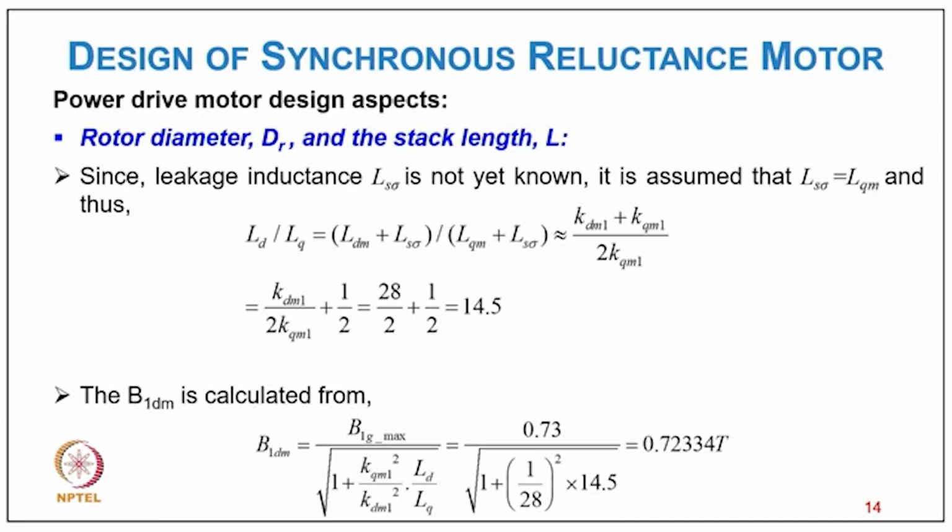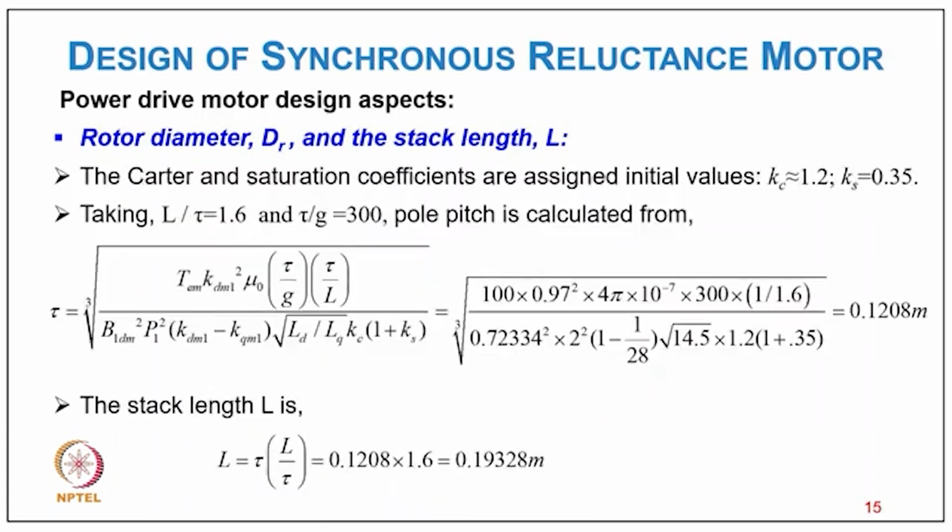B1 DM is calculated from B1 DM equals BGM1 maximum under root 1 plus KQM square upon KDM square into LD upon LQ. Putting in the values, it comes to 0.7234 Tesla.